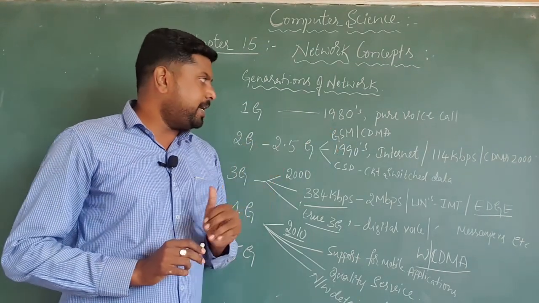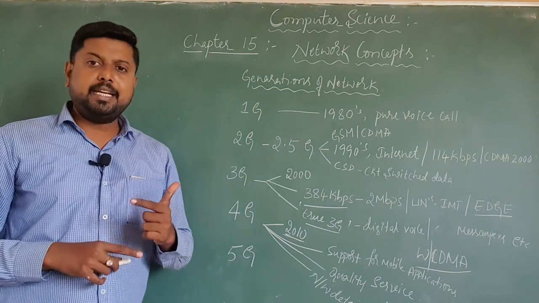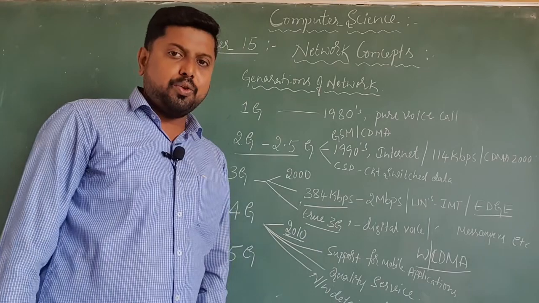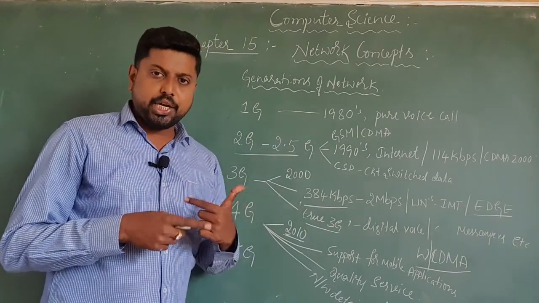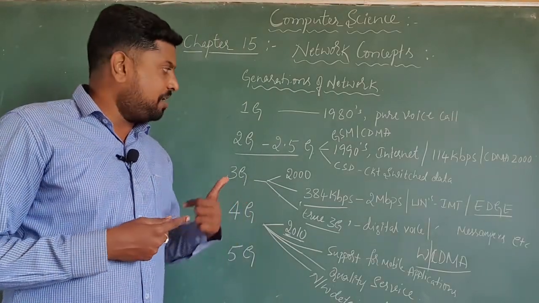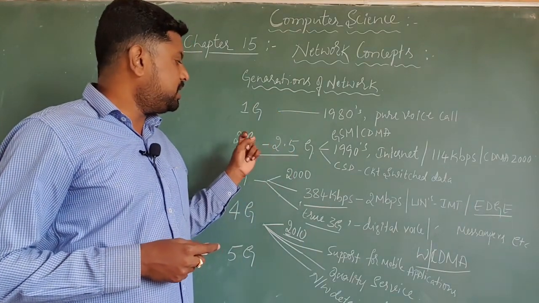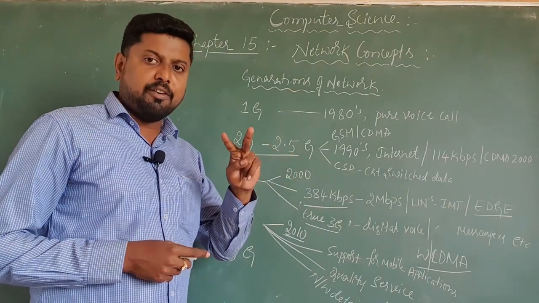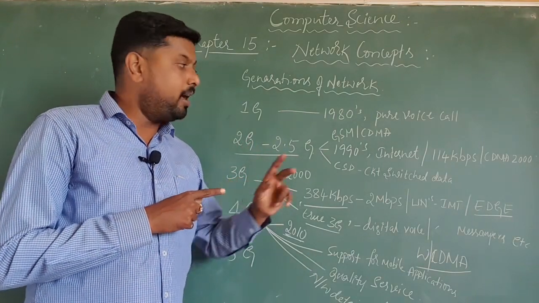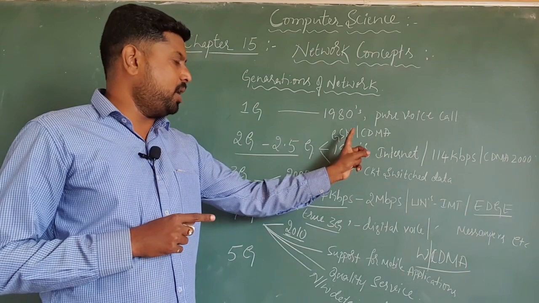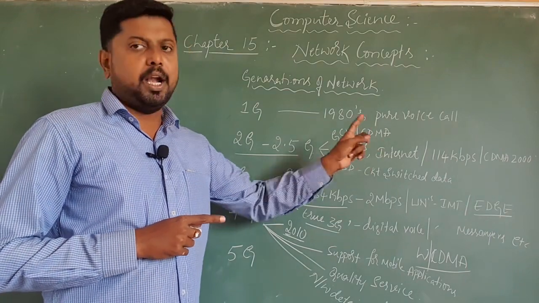Later, in the 1990s, 2G or 2.5G evolved, 10 years after the first generation. The 2G prefers the two types of technology we discussed earlier, GSM and CDMA: Global System for Mobile communication and Code Division Multiple Access.